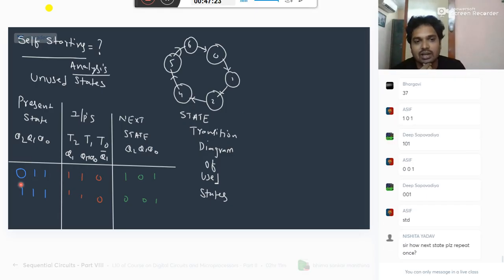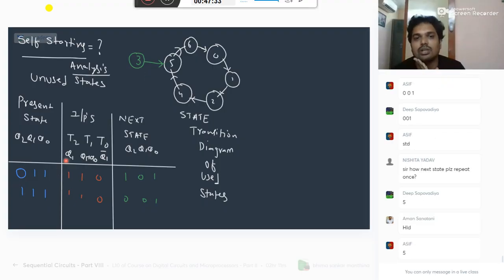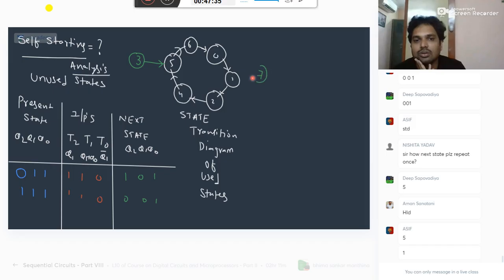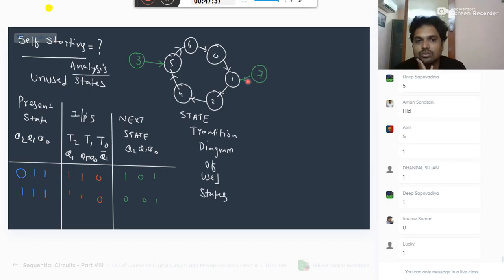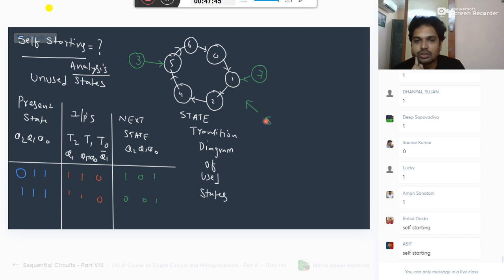By chance if it occurs, where will it go? If by chance 3 occurs, the next state will be 5. If by chance 7 occurs, what is the next state? 1. This is what we call a self-starting counter.